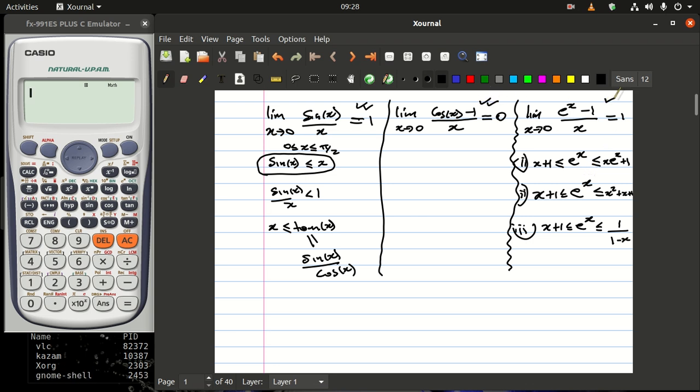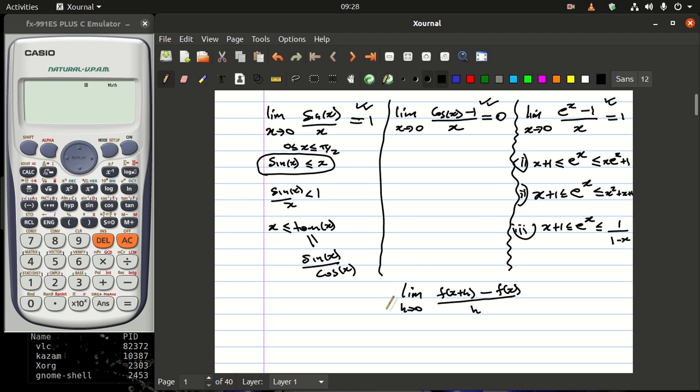You also need to know this limit, because if you don't know it, you will be struggling with some of the things you'll be doing when it comes to finding the derivative using first principles. Just to mention it, that is the formula: the limit as h approaches 0 of f of x plus h minus f of x, all over h.